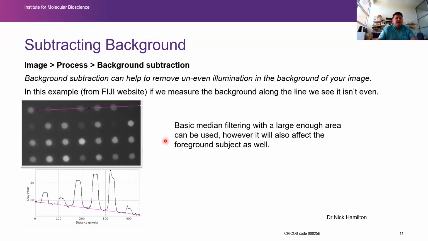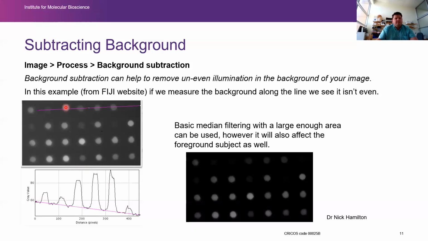And so you could do a median filter on that image, but what will happen then is you'll end up with a smooth background, but you've modified the values on these disks or objects of interest too much, and you won't have the right analysis results.